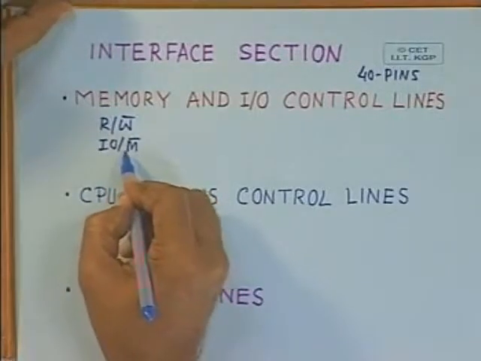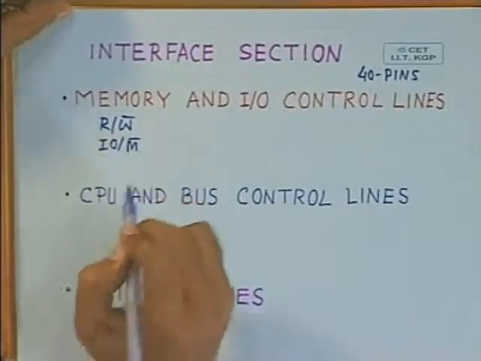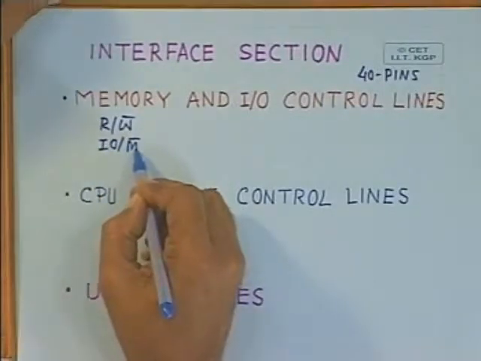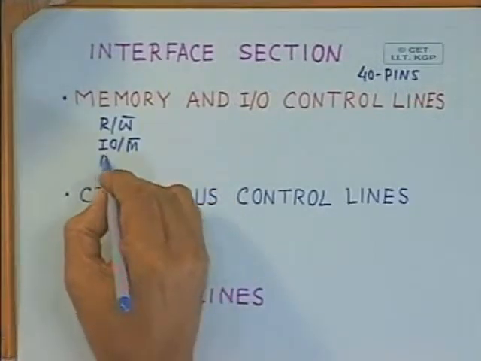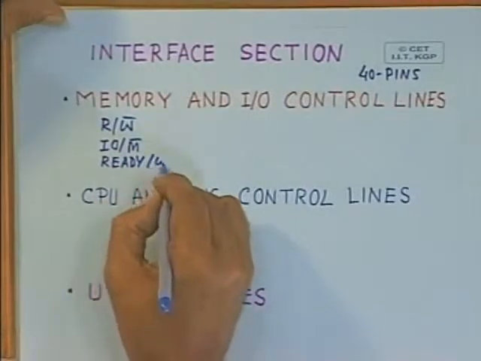So at a particular instant, the CPU is accessing memory devices or input output devices. The CPU has to convey that, whether it is executing an IO instruction or a memory instruction, memory read or memory write. That has to be conveyed by another pin, that is IO by M. That means whenever this line is 1, it corresponds to IO access, and whenever that line is 0, it is for memory access. Then there is another line, ready or wait.